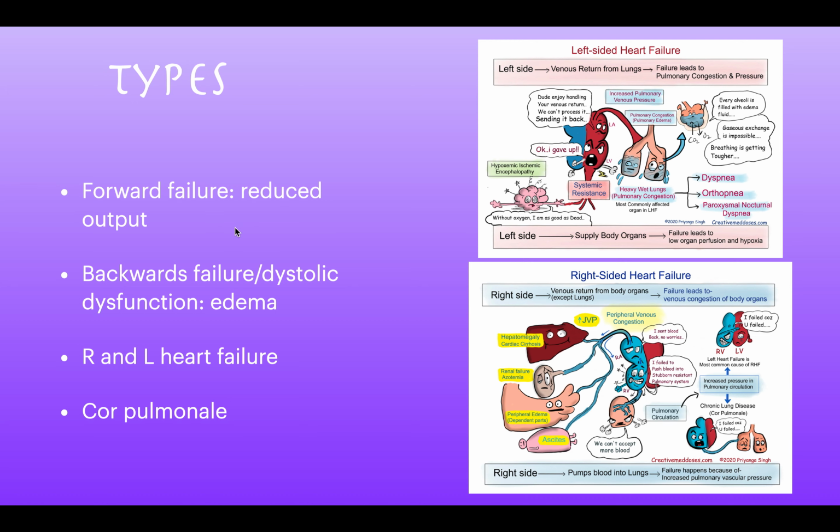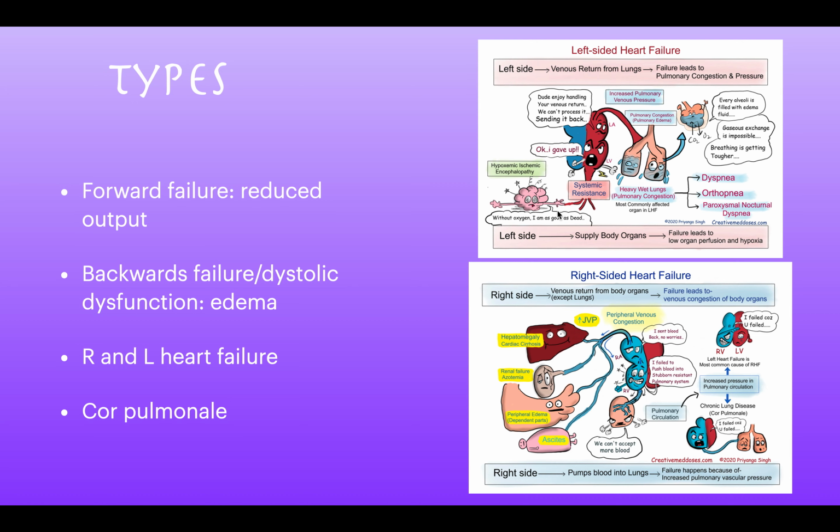Forward output or forward failure is going to be reduced output, where there's a problem with contractility. Backwards failure is diastolic dysfunction, where there's a problem with filling. So the backwards failure can be problems like pulmonary congestion feeding back into the left atria, and from there it's going to be left ventricular failure.